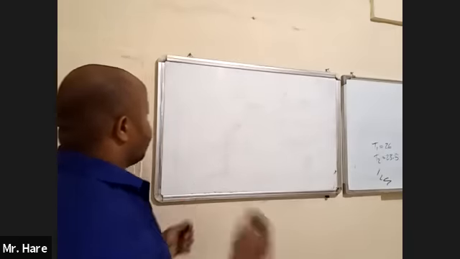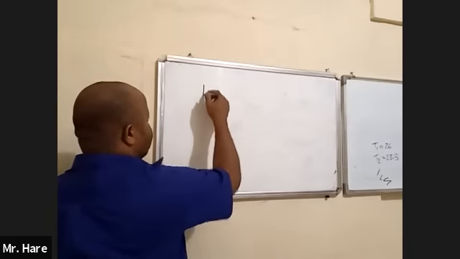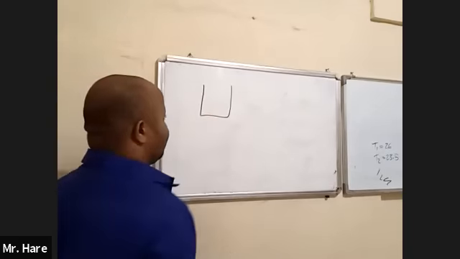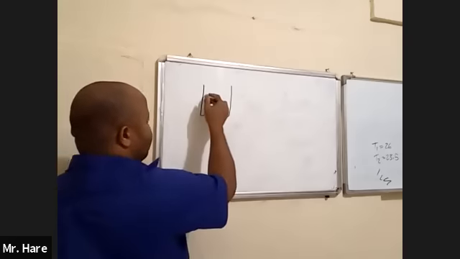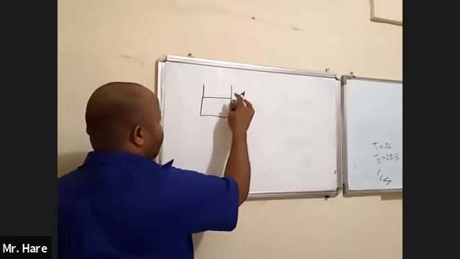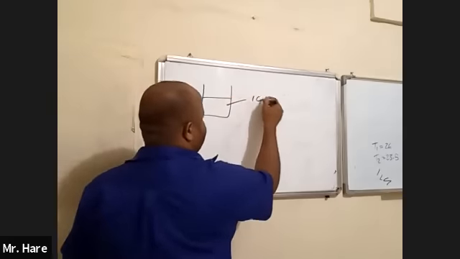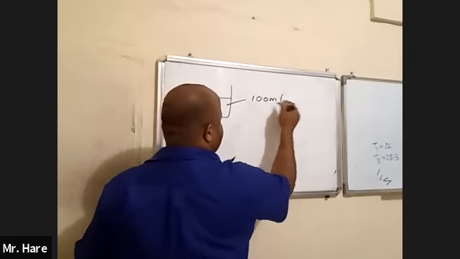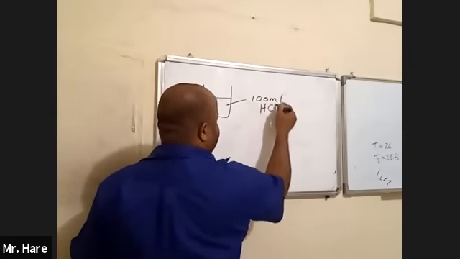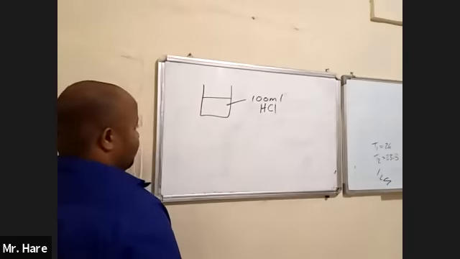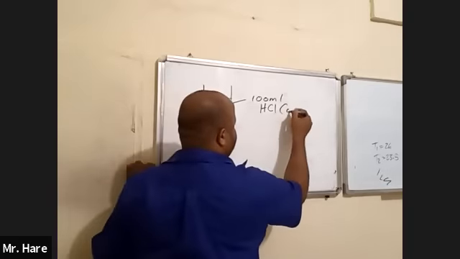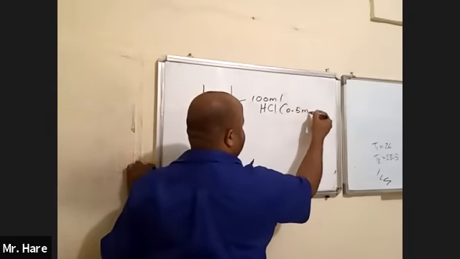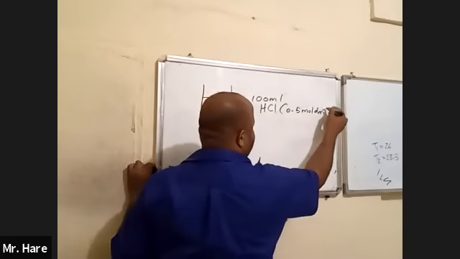Let us say we have a container, and inside of the container there are 100 mL of HCl, and the concentration is 0.5 moles per dm³.